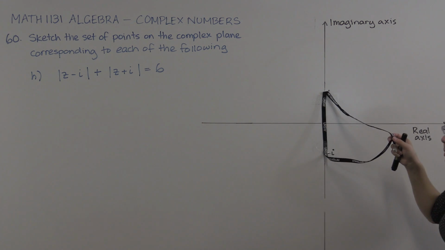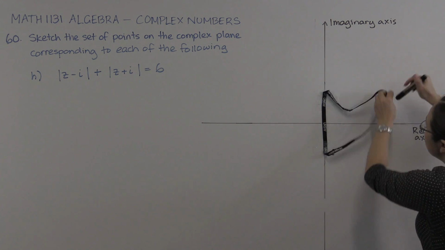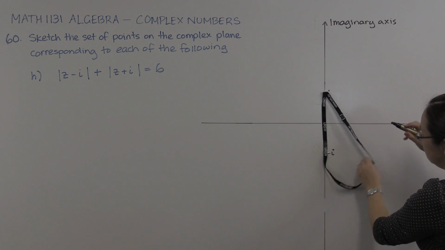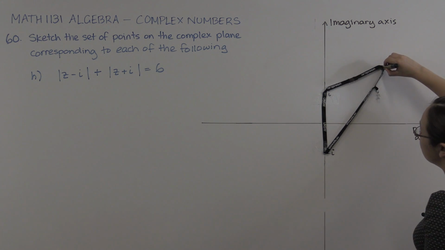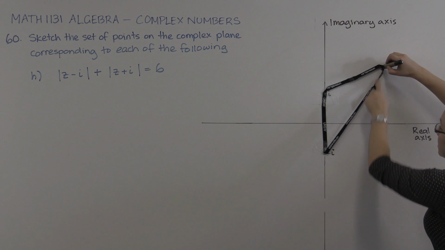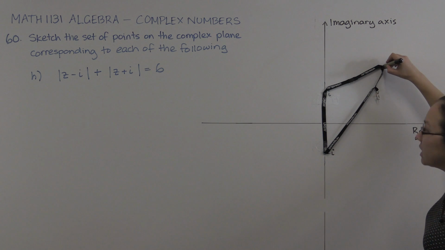Now, I've done that because any point, when I keep this string taut, so if I had a point over here, then this distance plus this distance is going to equal 6, and I've made the string that long.